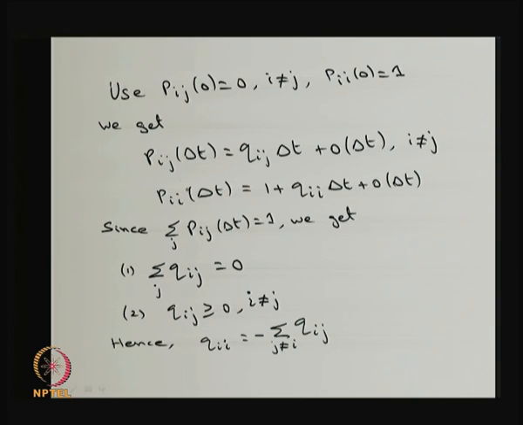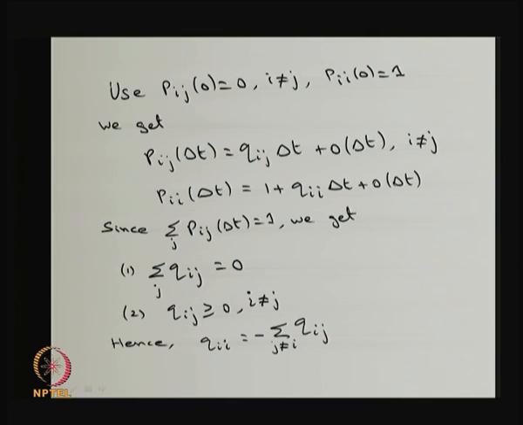Therefore, if you sum it up, you can conclude the left hand side is the probability. On the right hand side, for i not equal to j, you have q_ij, whereas in the second expression you have 1 plus q_ii. Therefore, using the property of summation of p_ij equal to 1, you will get the summation of q_ij over all j to be 0.